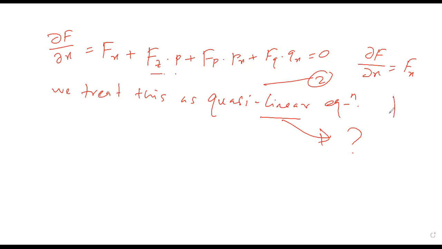So from that, we use the auxiliary equations. What is that quasi-linear equation? I mean, the general way of representing the quasi-linear equation. Yes, good. One only answer. Where's the other?